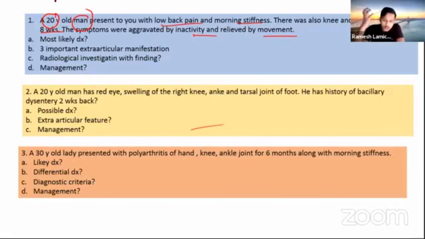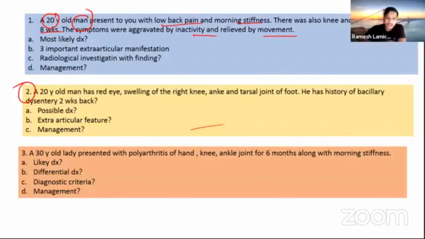Usually ankylosing spondylitis brings the lower back pain feature. Osteoarthritis features come with knee and ankle involvement, not more than 3 joints. So these are inflammatory features, it is ankylosing spondylitis.